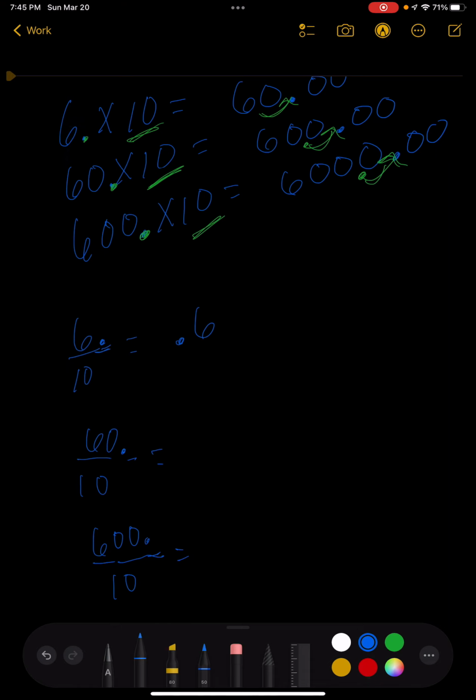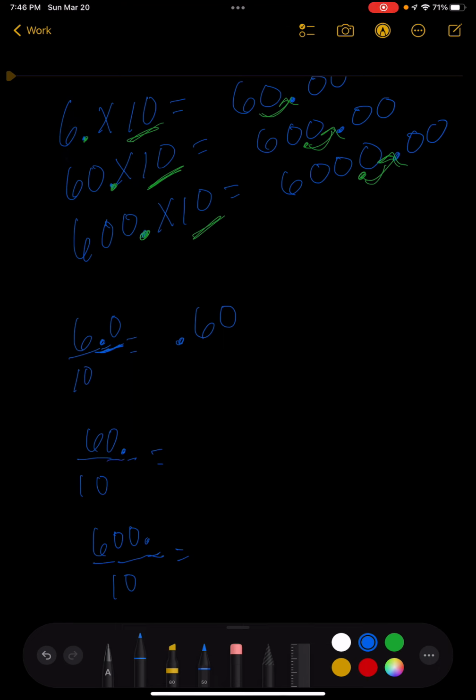Okay. So 6 divided by 10, and you should have 6/10. Look at what happened to the decimal. It might help if I do that. Not needed, because those are placeholders, but it might help you visualize what's happening to the decimal.